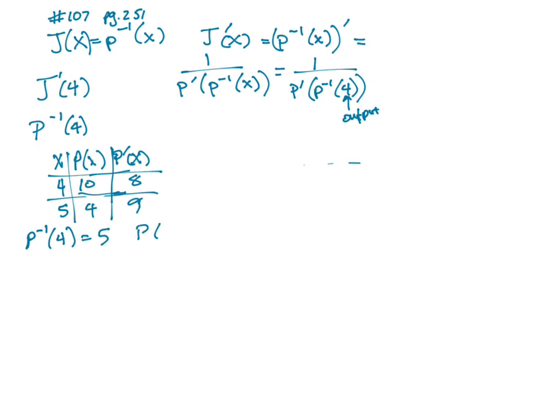Why? Because P of 5 makes 4. So we're going to swap that P inverse of 4 out: 1 over P prime of 5. And now I get to read my table straight. What is P prime of 5? 9. So my answer is not 9. My answer is 1/9. The 1 over thing, it's got to be the reciprocal.